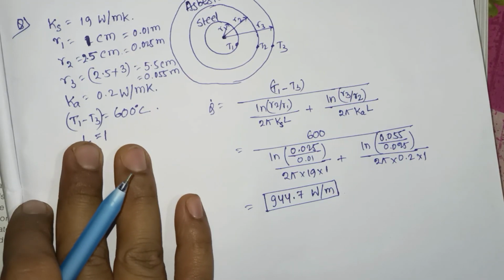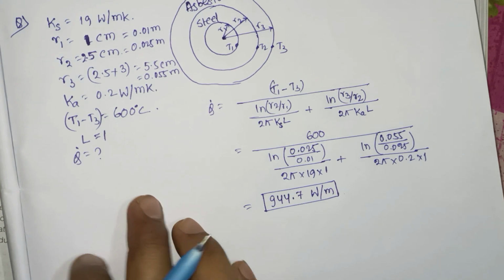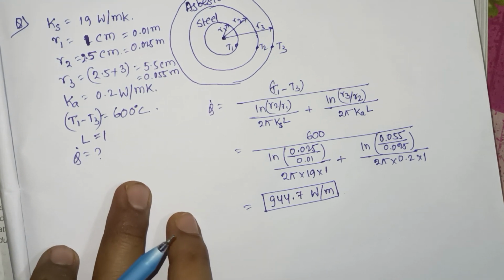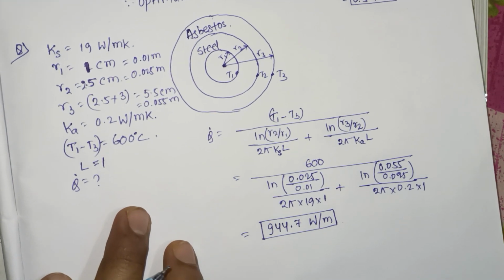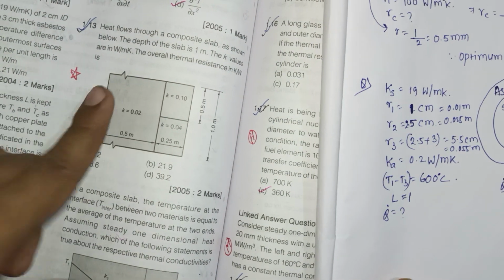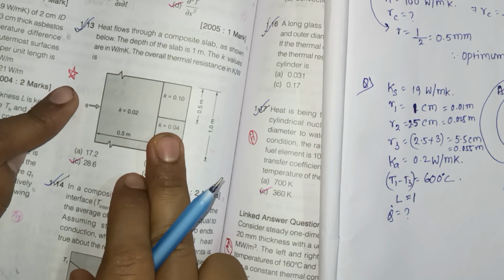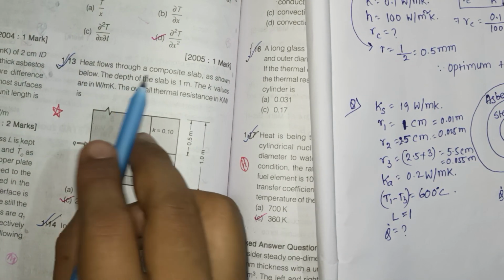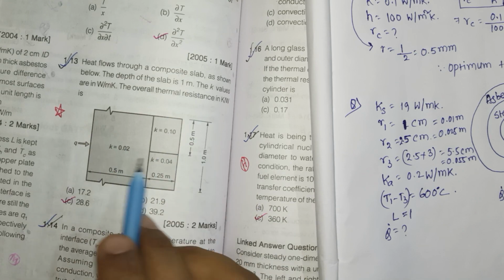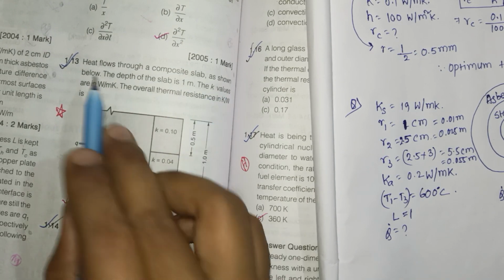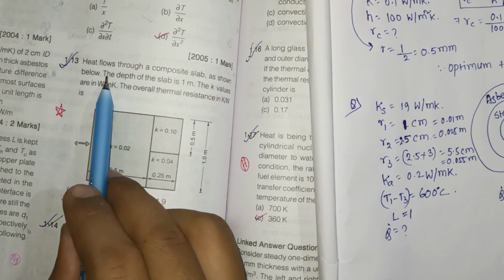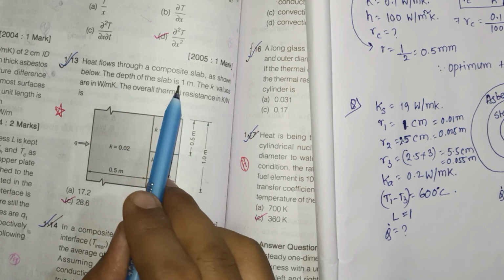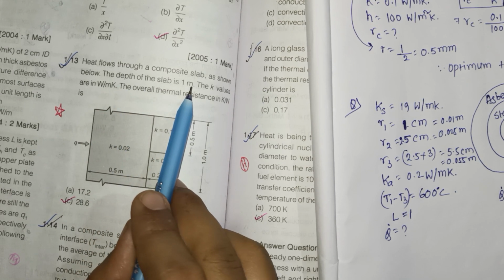Okay, so complete. Now the next question, question number 13. This is a very, very important question. Okay, in this question, heat flows through a composite slab. This is the composite slab as shown below. The depth of the slab is 1 meter.